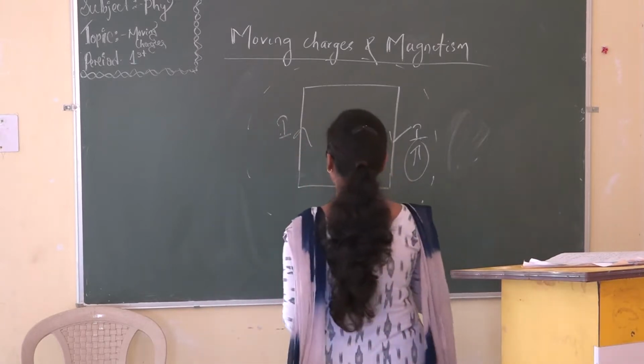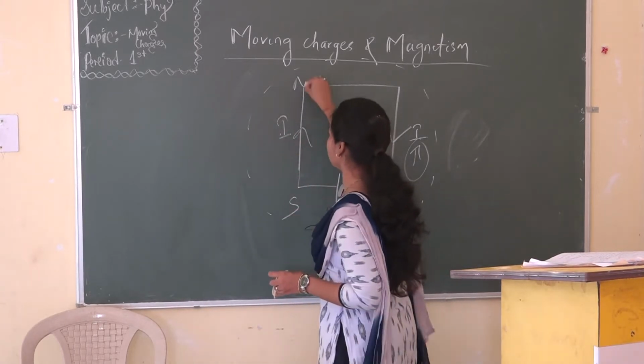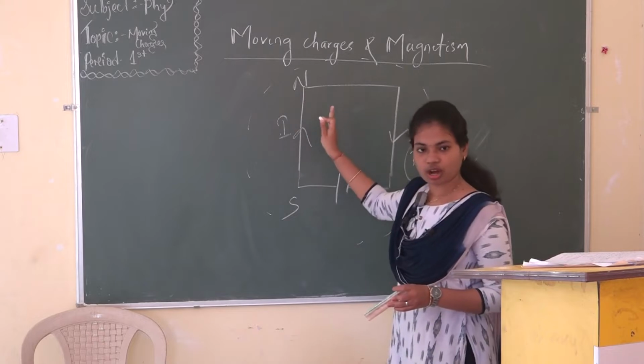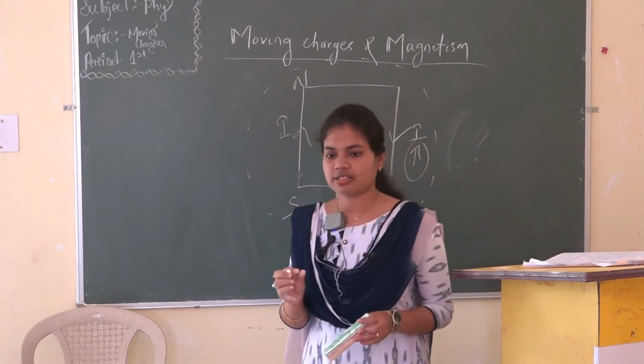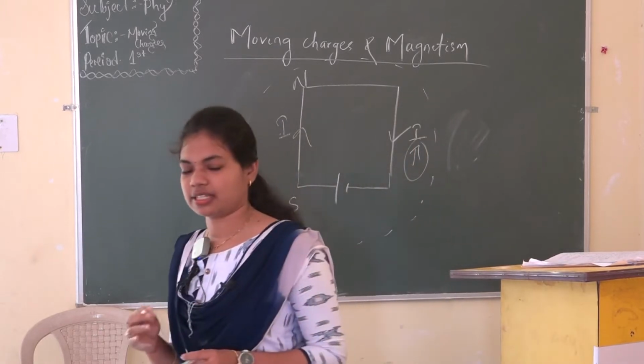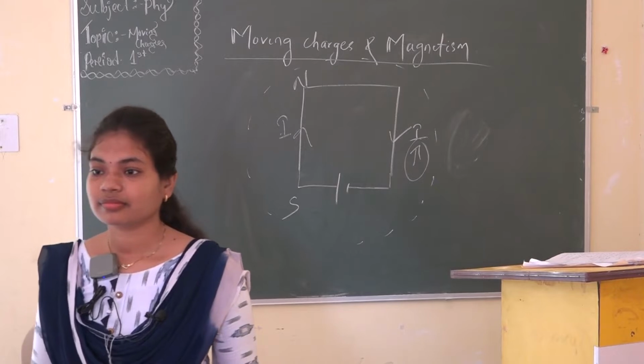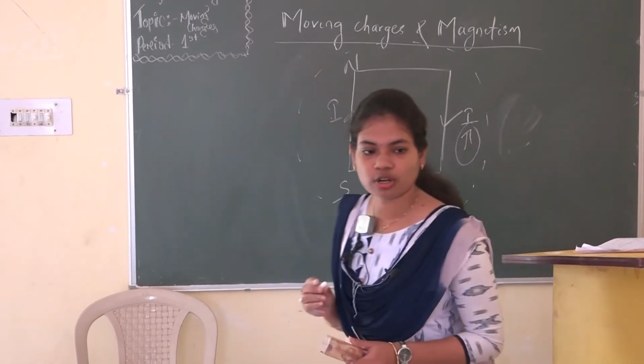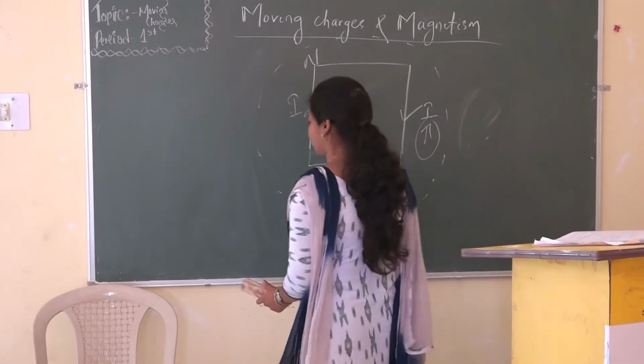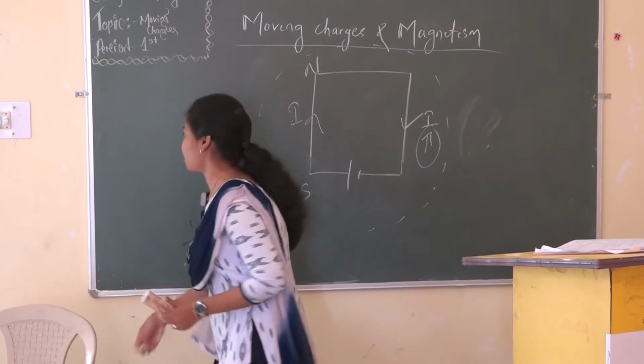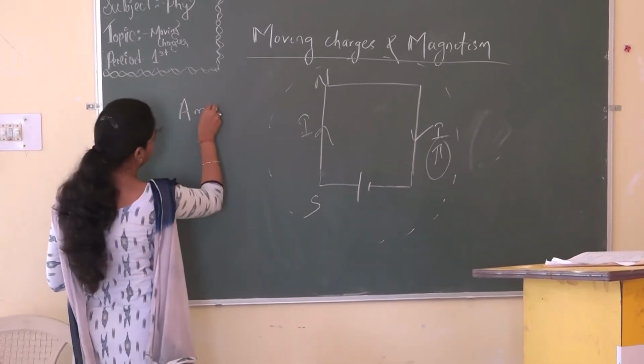When we flow the current from south to north, then in which direction does the magnetic needle deflect? That is according to the rule, Ampere swimming rule. What is that rule?